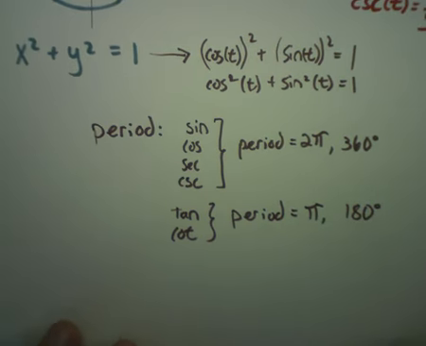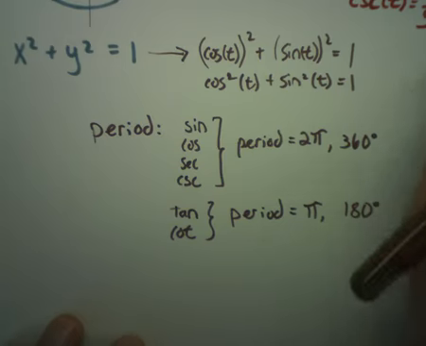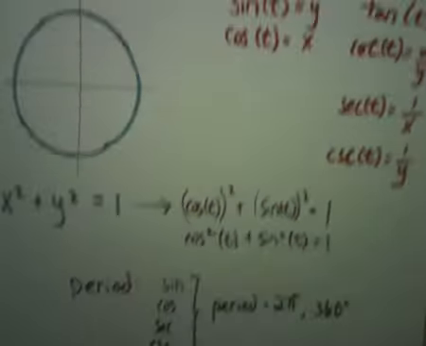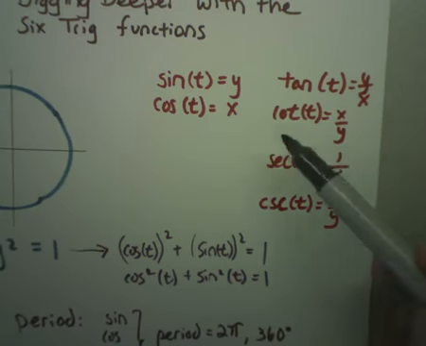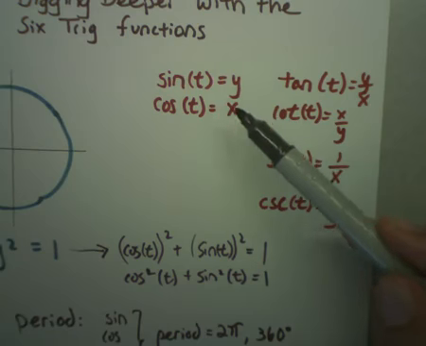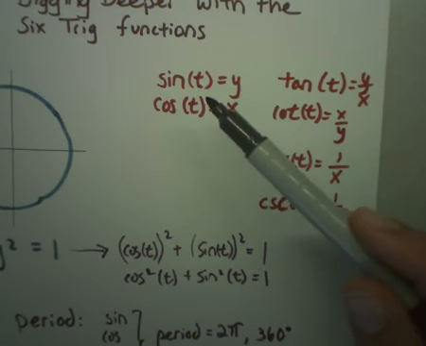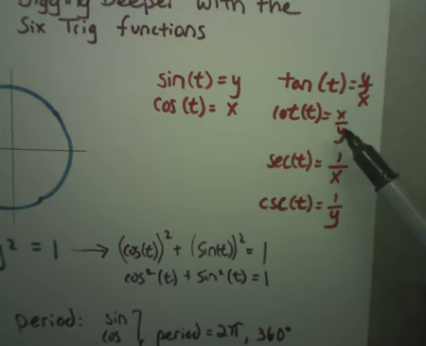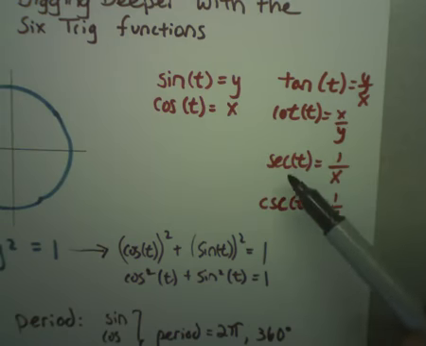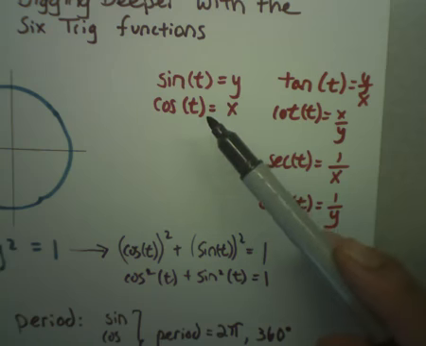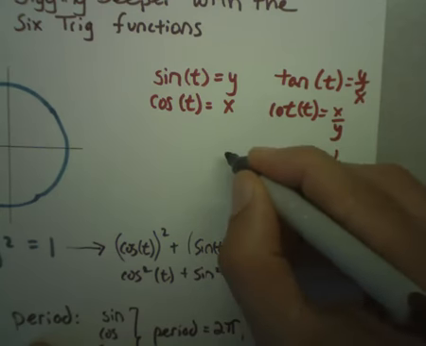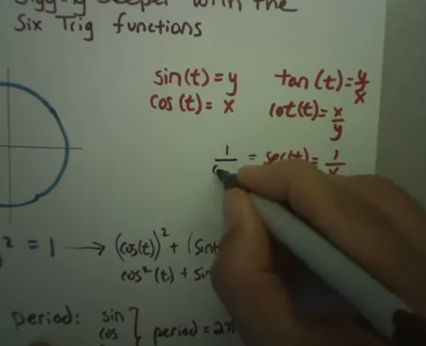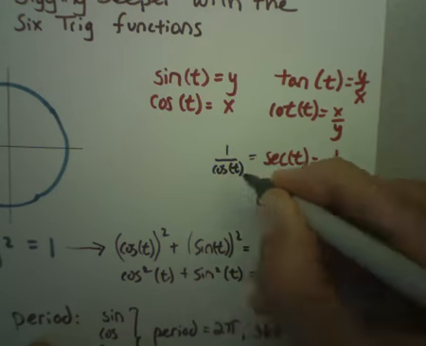Okay, so last thing I wanted to point out, at least on this piece of paper, is that since these other 4 trig functions are all defined in terms of x and y, which are just nicknames for sine and cosine, we can write them all in terms of sine and cosine. So for instance, secant of t is 1 over x, also known as 1 over cosine of t.